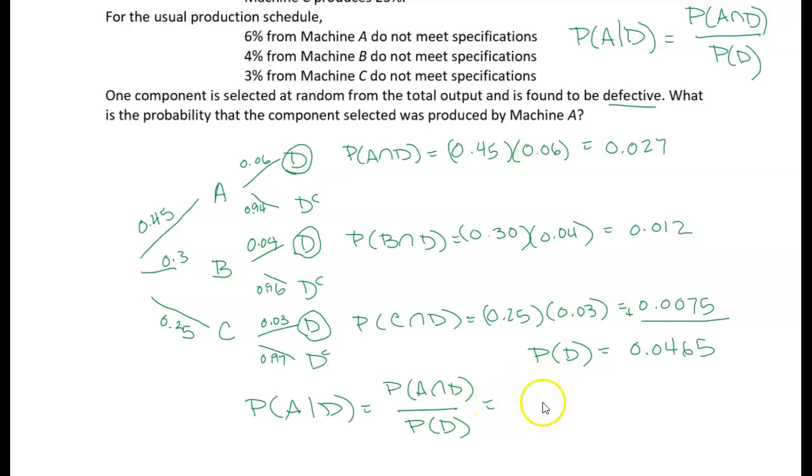We have that probability here, the probability that it came off of A and is defective. That's 0.027, and the probability of being defective is 0.0465. So the probability that a part came off of machine A, given that it's defective, is 0.5806. Okay.